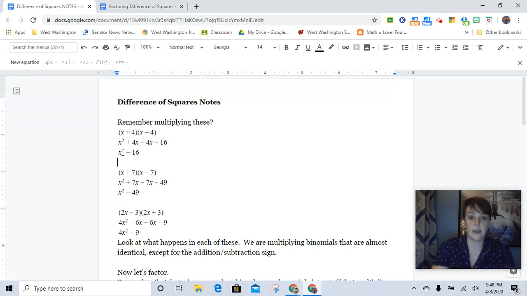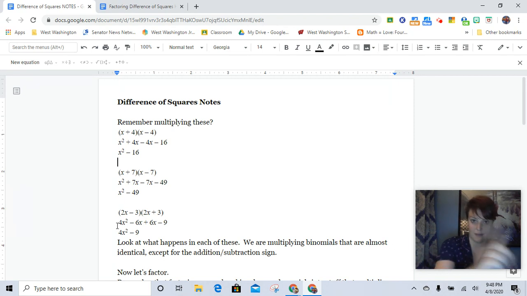Well, we got x squared minus 16, x squared minus 49, 4x squared minus 9. So all of them are subtraction. They only have the squared term and the constant. And look at all these constants real quick. 16, 49, 9. Those are all perfect squares.